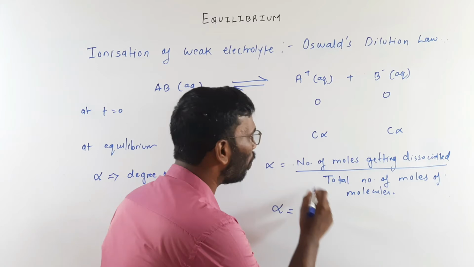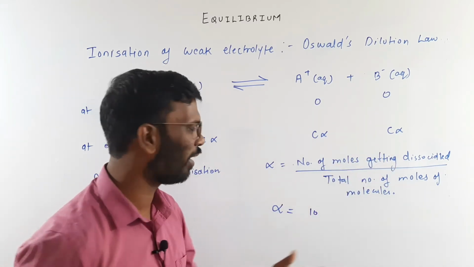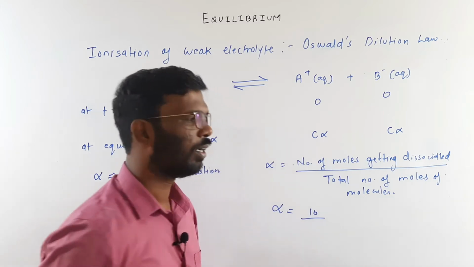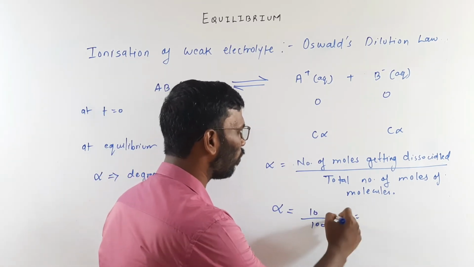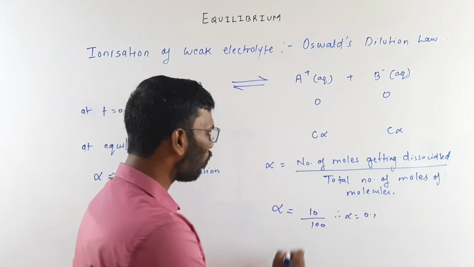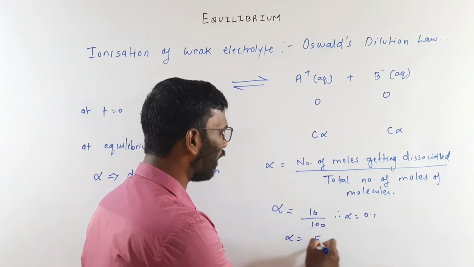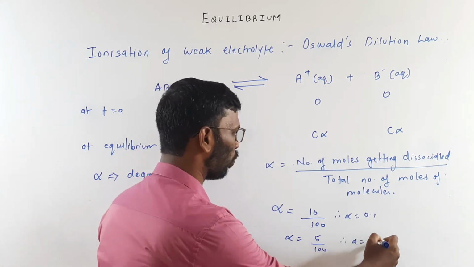So I write the number of moles getting dissociated, 10, divided by the total, 100. Therefore alpha is 0.1. If out of 100 just 5 are getting dissociated, then alpha will be 0.05.